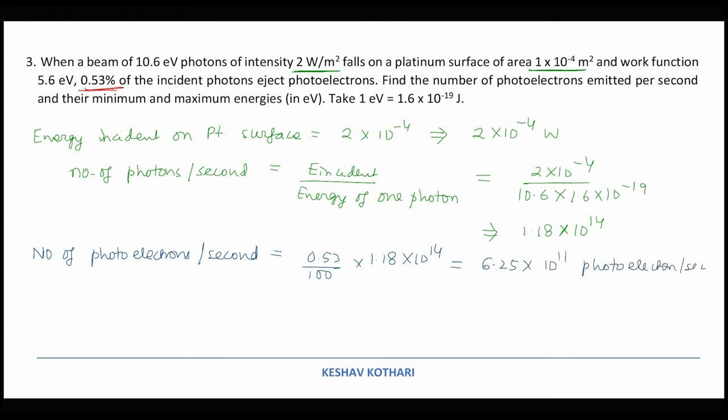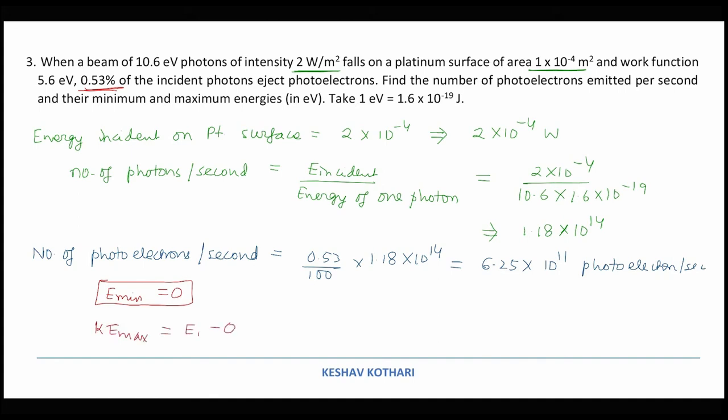So the question that is asked over here is to find the number of photoelectrons emitted per second, which we have obtained. Then the minimum and maximum energy possible. The minimum amount of energy which is possible in this case is going to be 0. Whenever the question is asking the minimum kinetic energy of the emitted photoelectron, then it is 0, and the maximum kinetic energy can be calculated as incident energy minus the work function.